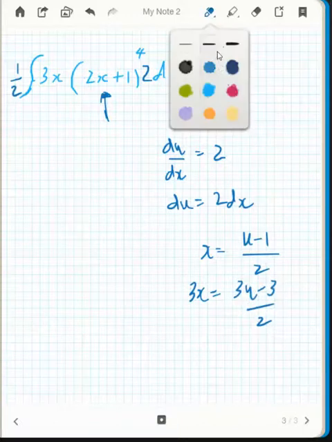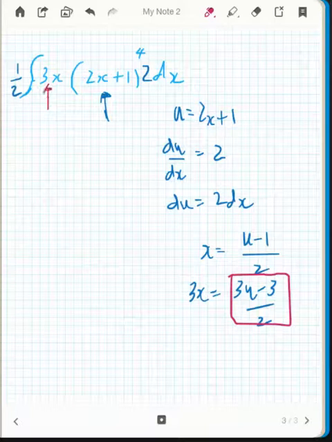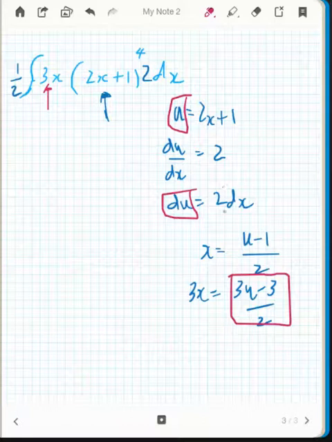So looking at all of my substitutions, my 3x equals that, and that will replace 3x. 2x plus 1 equals u, so 2x plus 1 will be replaced with u. And 2 dx equals du, so I'm going to replace 2 dx with du.